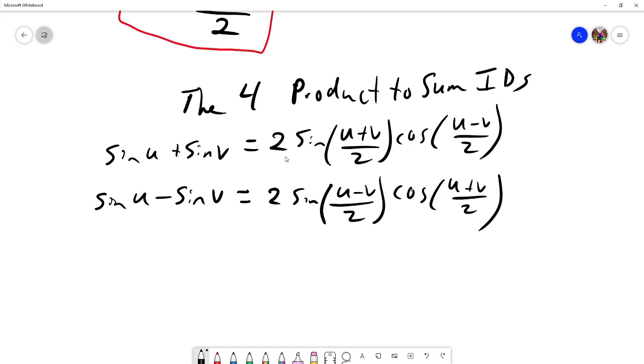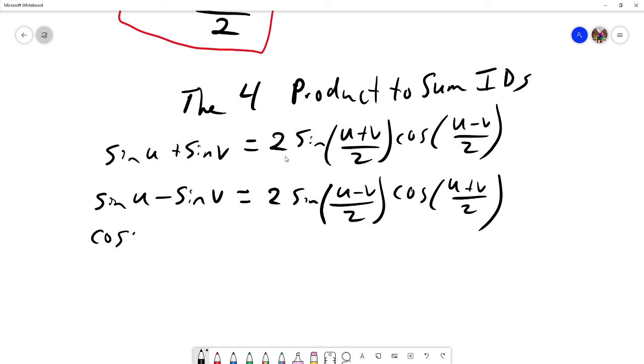This one would be very easy to prove just by plugging in a negative quantity for v in the top one. Instead of a positive v, if you had a negative v, then it would immediately follow from the even-odd properties.